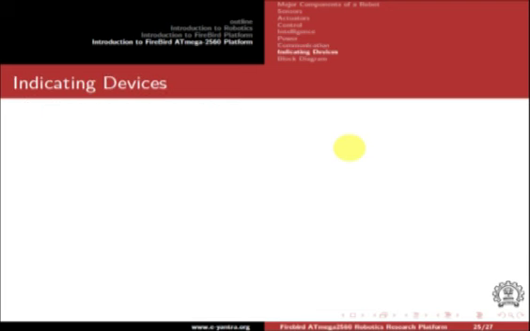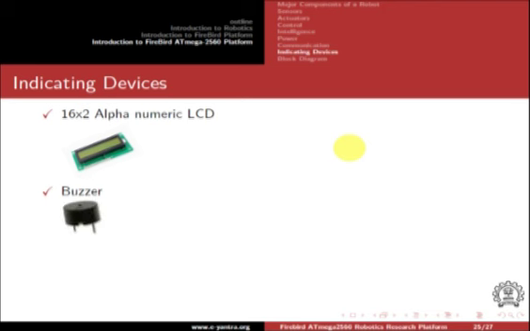Now, indicating devices are the modules which will be helpful to the programmer while debugging. The indicating devices present on the Firebird platform are: first, a 16x2 alphanumeric LCD, then a buzzer and then a bar LED. All these devices are present on the robot and are programmable.